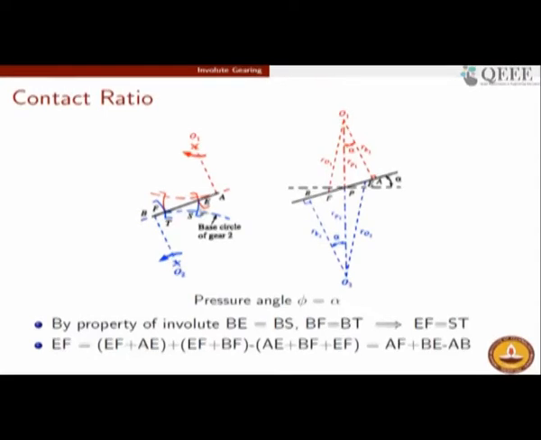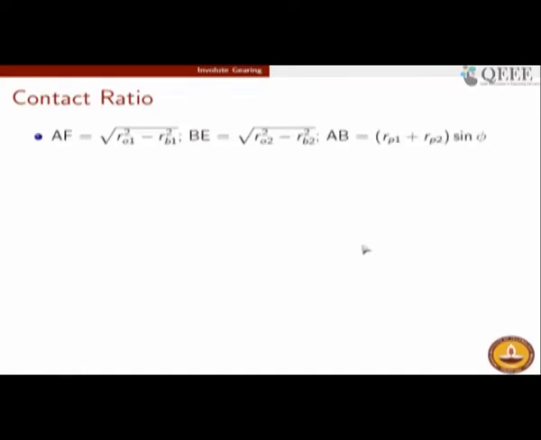Now O2E is basically the addendum circle radius of gear 2, and O2B will be the base circle radius of gear 2. So therefore we will have BE, which is this line segment, is going to be hypotenuse square minus base square, which is square root RO2 square minus RB2 square. So these are the two formulas for AF and BE.